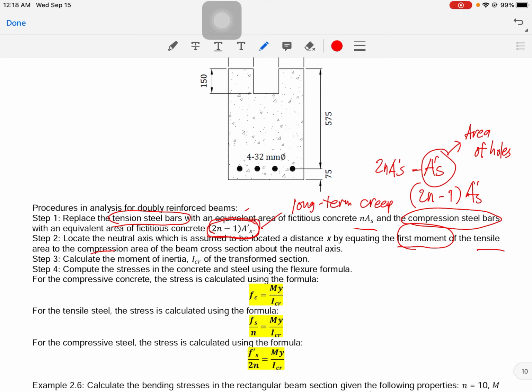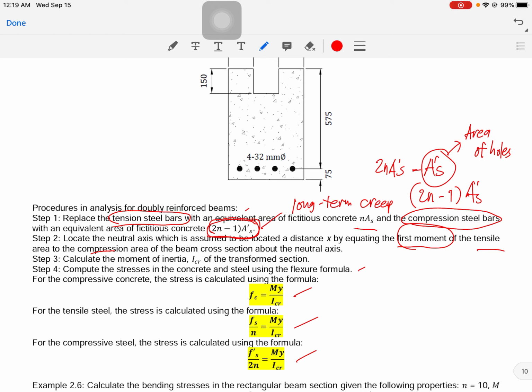For step 3, we are tasked to calculate Icr, which is the moment of inertia of the transformed section. Then compute the stresses in the concrete and steel using the flexure formula. So we have 3 flexure formulas now, for the compressive concrete, for the tensile steel, and with the addition of compressive steel.